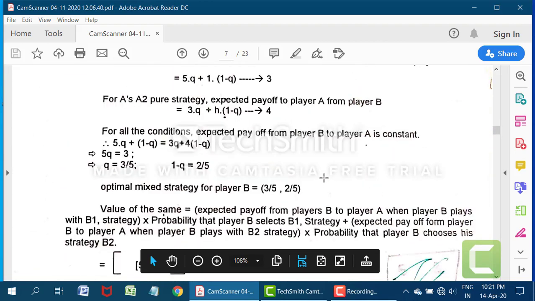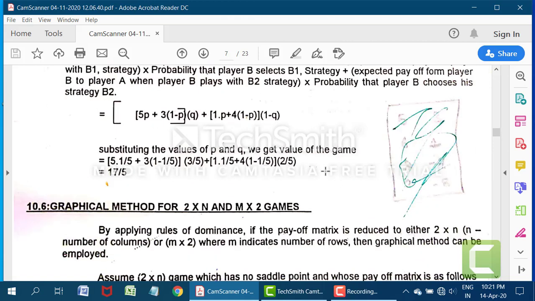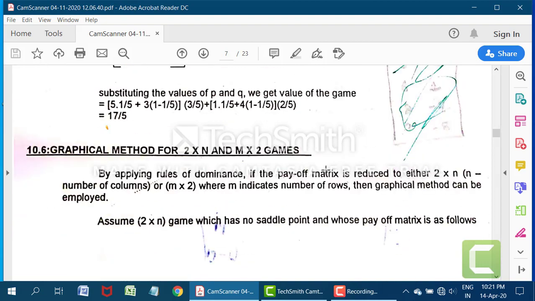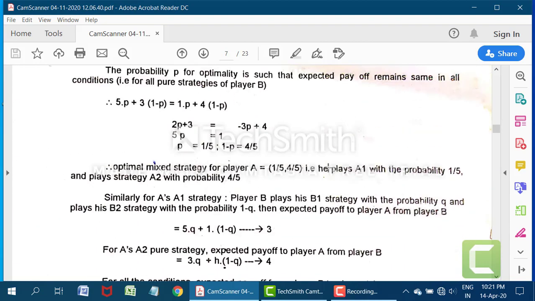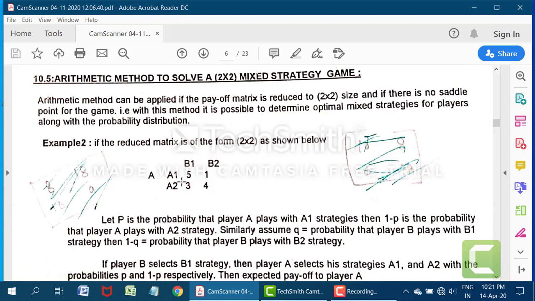So this is how you need to find the value of the game, using the arithmetic method. Remember, the arithmetic method is applied to 2 by 2 games only, when the matrix is 2 by 2 and there is no saddle point for the game. Even when it is reduced by dominance, you must check whether minimax is equal to maximin, that is, whether a saddle point exists or not.